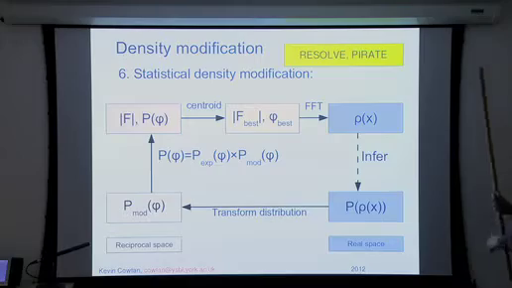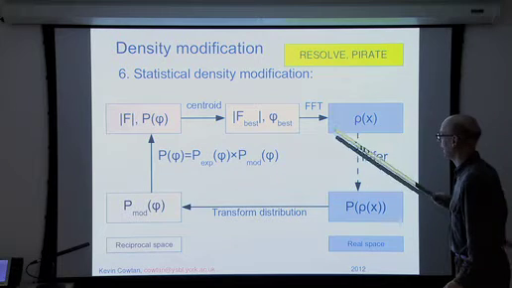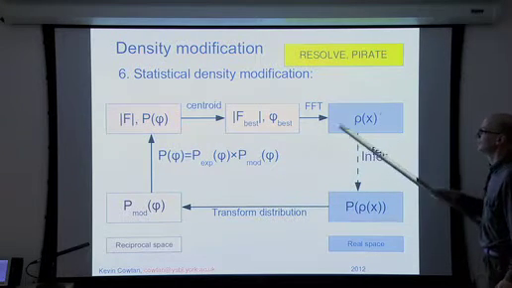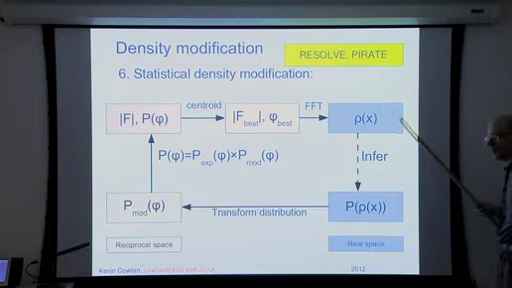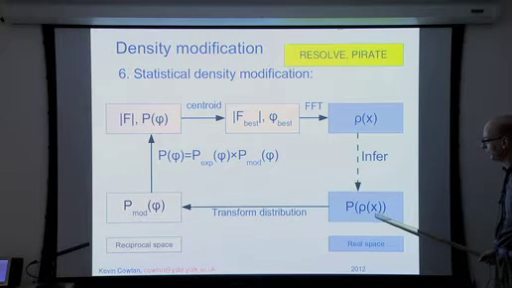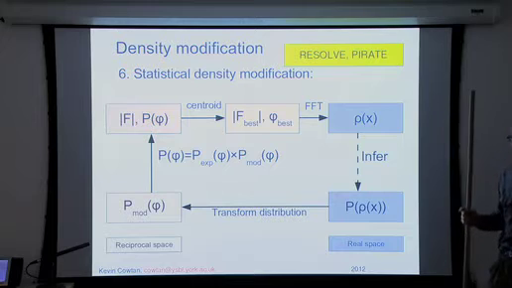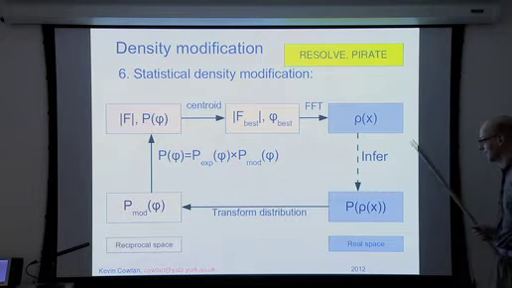Now, the other approach that I mentioned is the statistical method, which we'll look at a bit later on, which is a very different approach in that we break the connection here. We do calculate a map, and then what we do is infer a probability distribution for the densities at any point in the map.